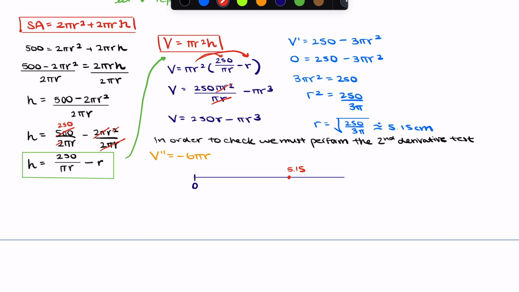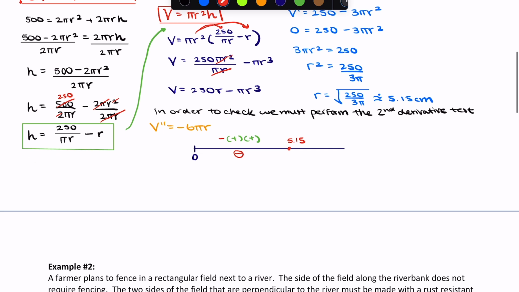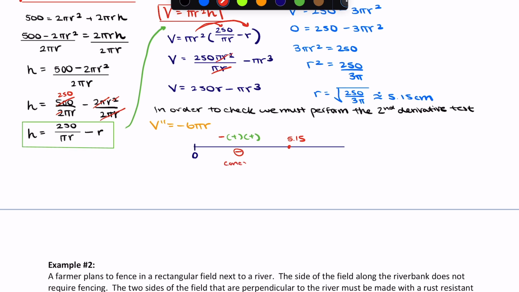So if we sub in a value that's in between, let's say we sub 2, we get negative from the negative 6, positive from pi, and then for r, which is 2, that would be positive. So that gives us a negative, which means that it is concave down.